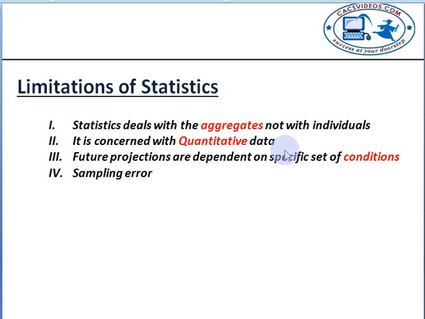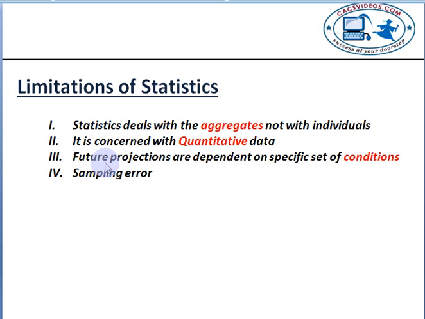For example, the beauty of a girl. You can give a rating on a scale of 1 to 5, defining what 1, 2, 3, 4 and 5 stand for. This is how you can convert qualitative data into quantitative data, and then you can run your statistics. So this is the second limitation of statistics.